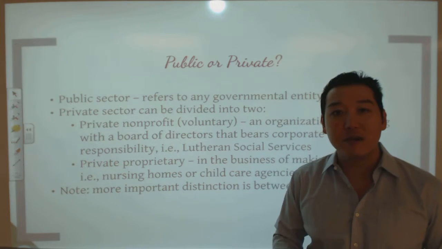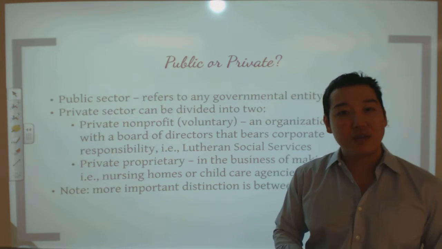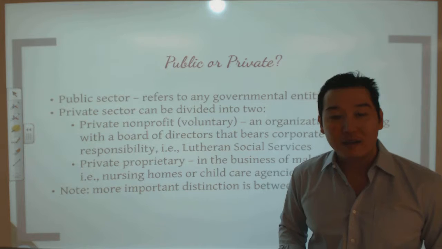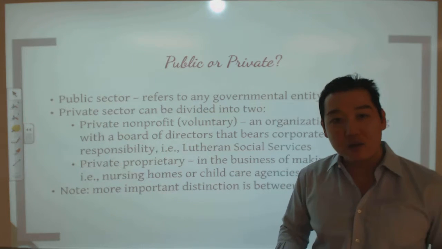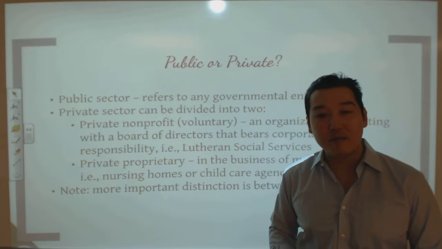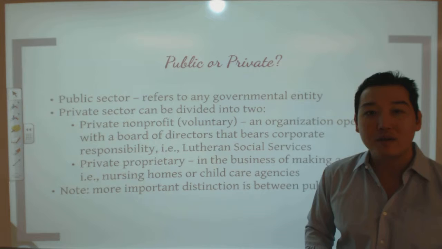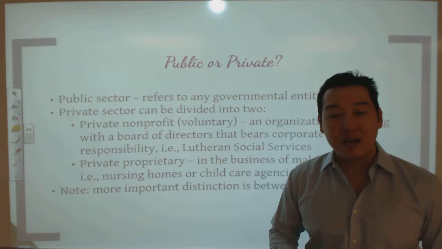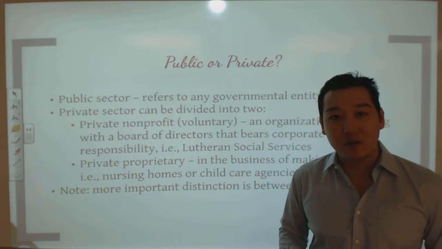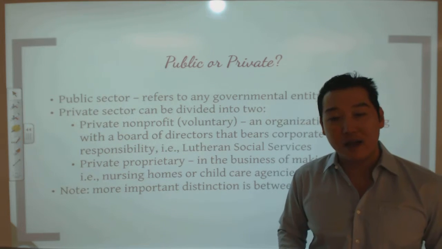Is it a 501(c)(3), in which case it's most likely a nonprofit entity? If it's, for example, a limited partnership, an LP, or a limited liability corporation, it's a private for-profit. So you want to think about that distinction that Professor Dolgoff discusses. The more important distinction here is between public and private entities, but you'll want to make note also of a distinction between private for-profit and private nonprofit entities.